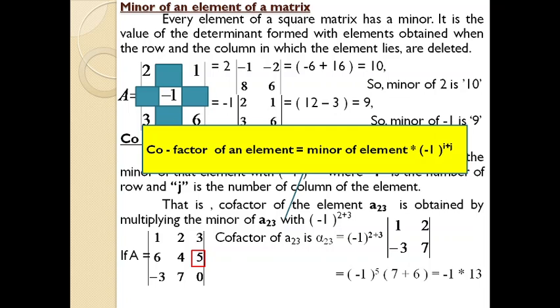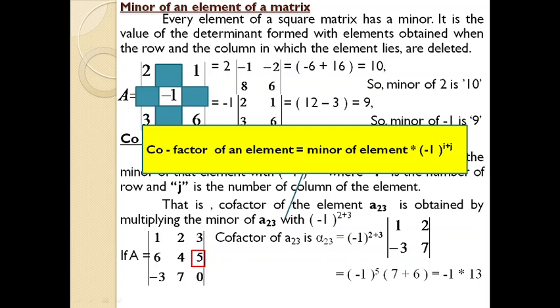If you are getting an even number, like minus 1 raised to 2 or 4 or 6 or 8, if you are getting a superscript of an even number, here the number will be plus 1. It's quite simple. If you are multiplying a negative number in even order, then the final sign will be positive. If you are multiplying minus 1 in odd number order, then the final number will be negative 1.